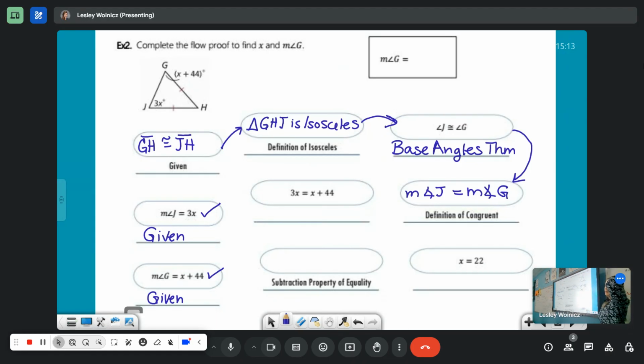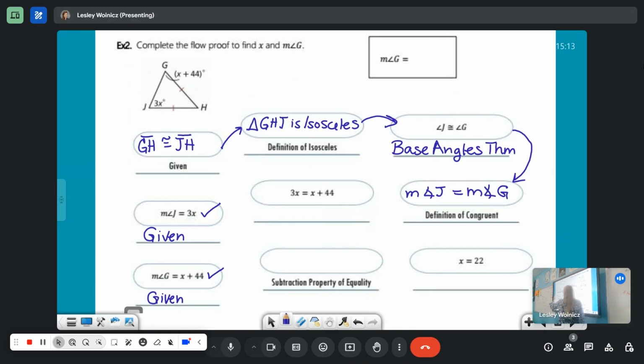This is a flow proof. Have you guys seen one of these before? It's kind of fun. When you write a two-column proof, everything you need for your proof has to be up above somewhere. But this shows you directly how the logical argument flows, and it's kind of cool to see.